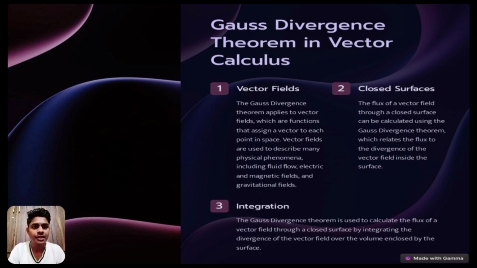Third one is the integration. The Gauss divergence theorem is used to calculate the flux of a vector field through a closed surface by integrating the divergence of the vector field over the volume enclosed by the surface.